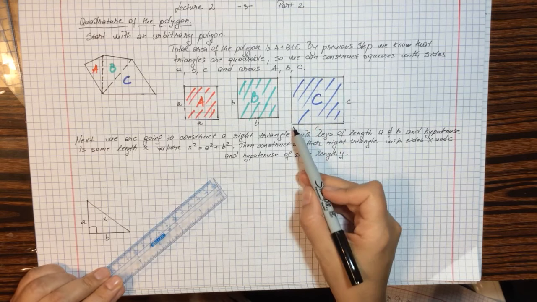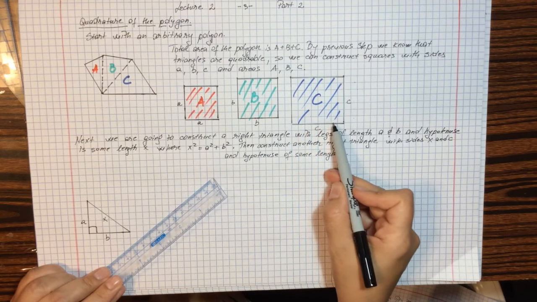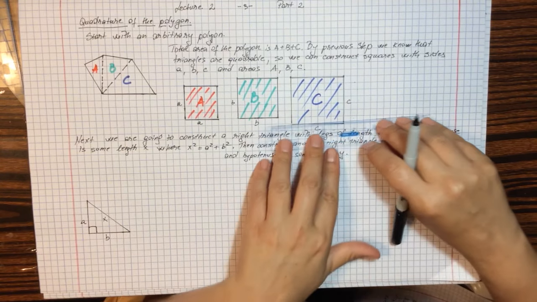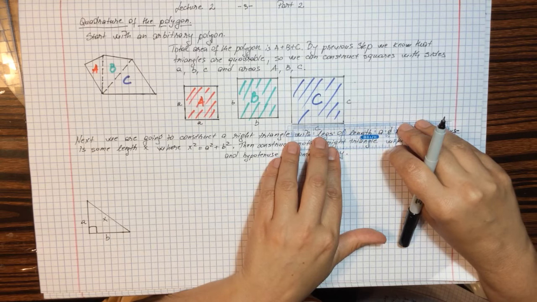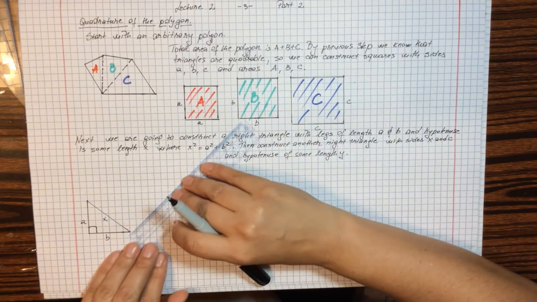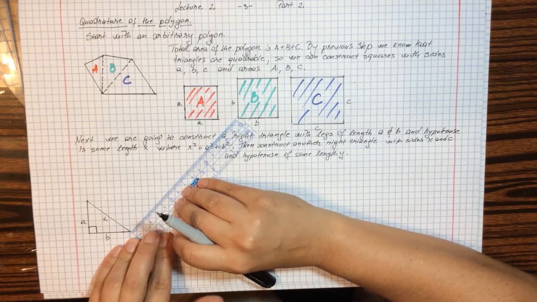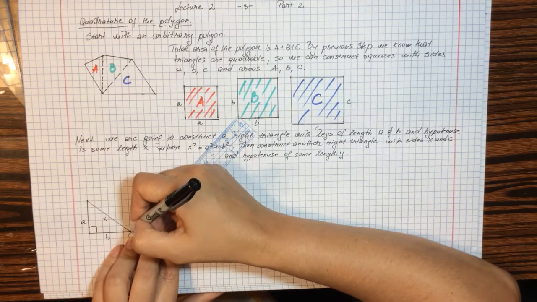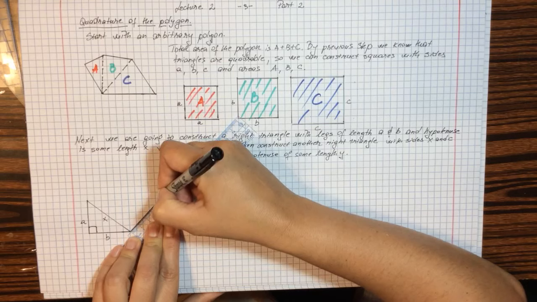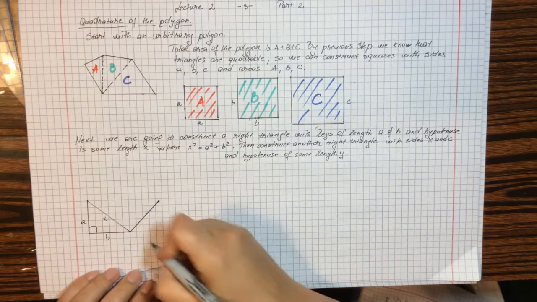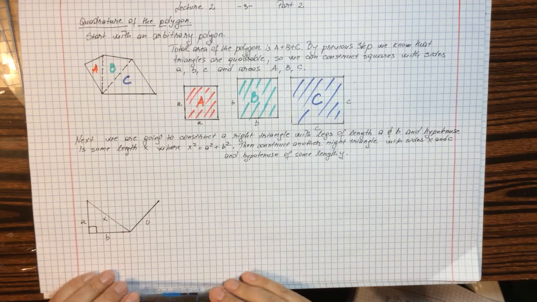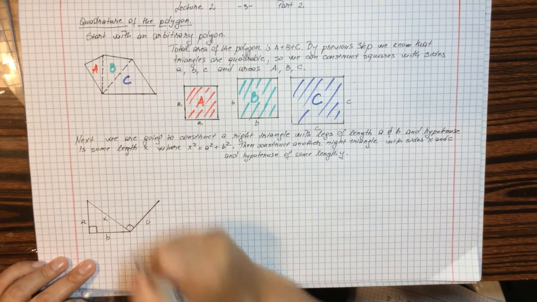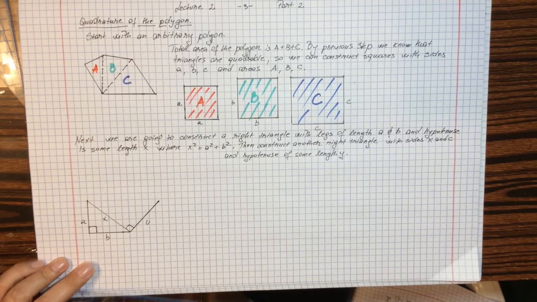Let me just measure it. So let's say this is length c and this is a right angle again.